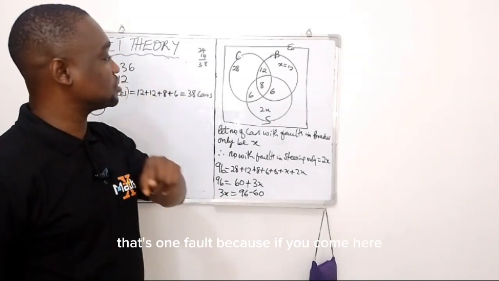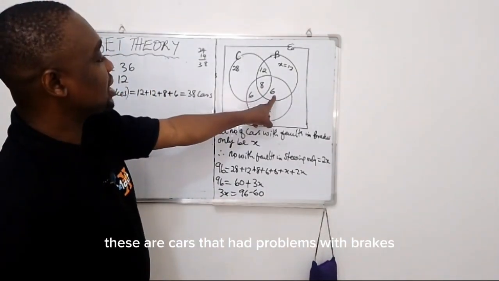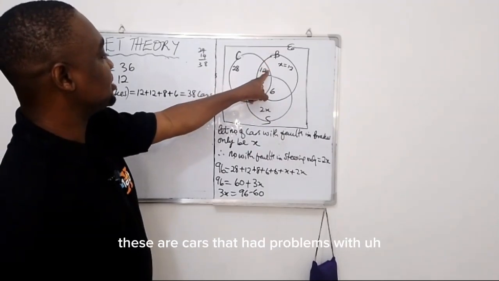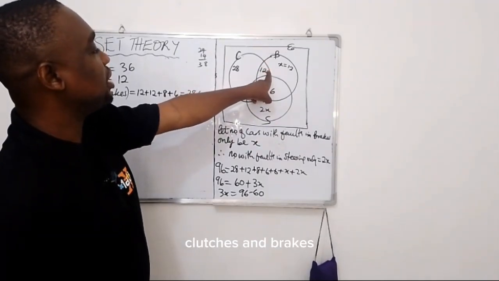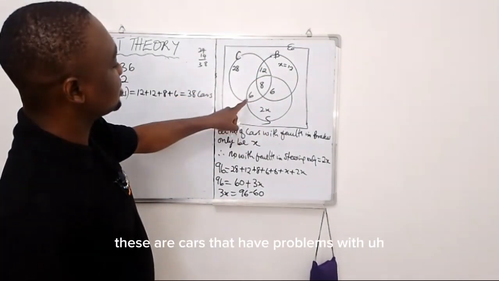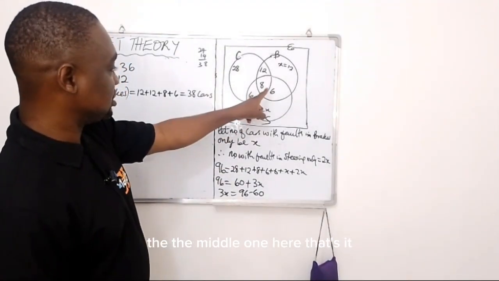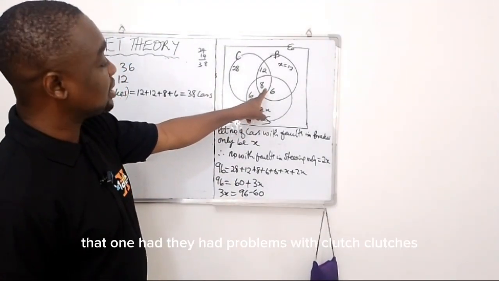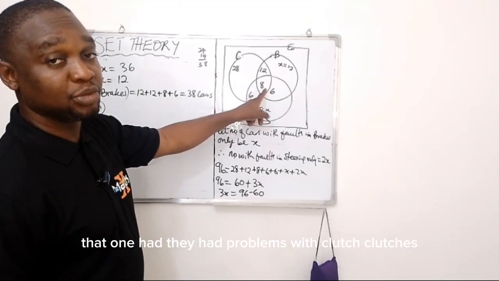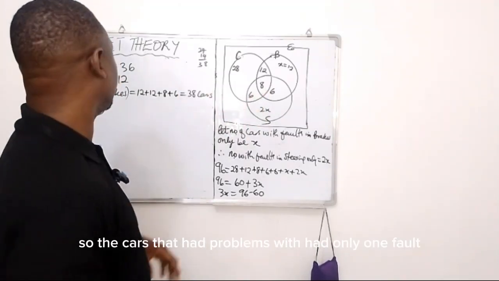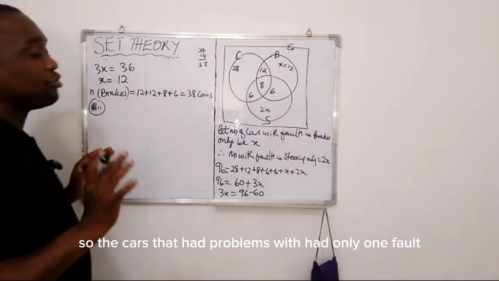That's one fault. Because if you come here, these are cars that had problems with brakes and steerings. These are cars that had problems with clutches and brakes. These are cars that have problems with clutches and steerings. Of course, the middle one here, that's 8. That one had problems with clutches, brakes, and steerings.